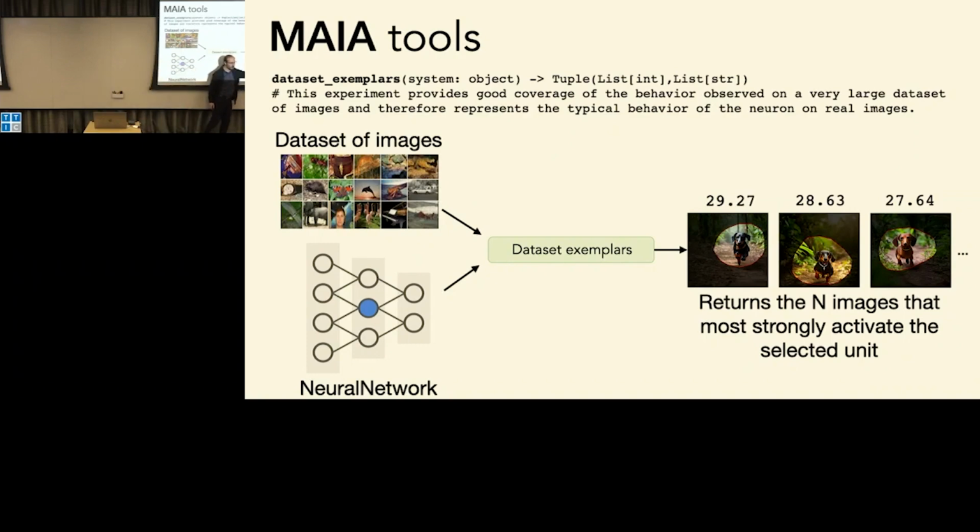So this allows you to run lots and lots of images through the neural network and just get a collection of a few images that seem to be the ones that are driving the unit. And this is something quite popular in image interpretability. Lots of people do this type of thing, and it's an important tool to have for the language model.